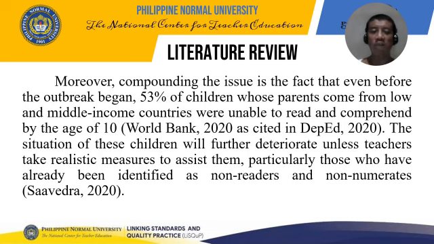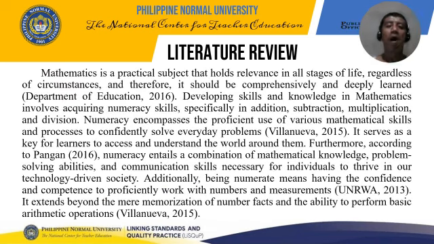The situation of these children will further deteriorate unless teachers take realistic measures to assist them, particularly those who have already been identified as non-readers and non-numerates, according to Abidra 2020.